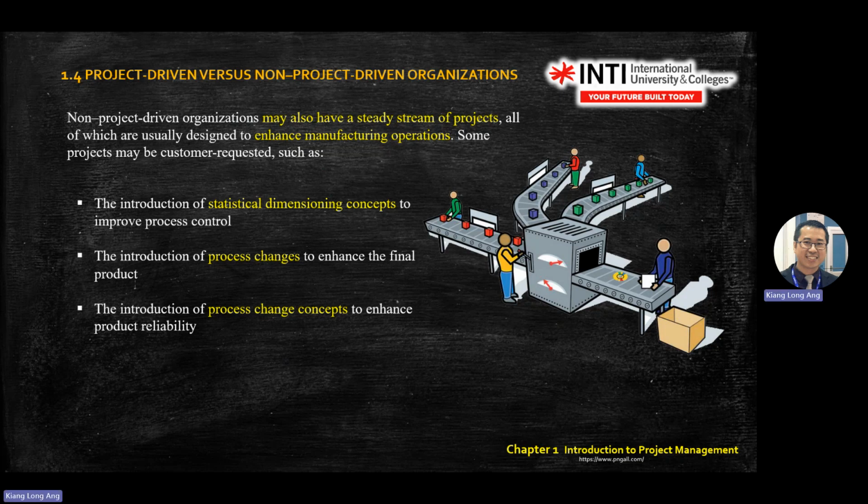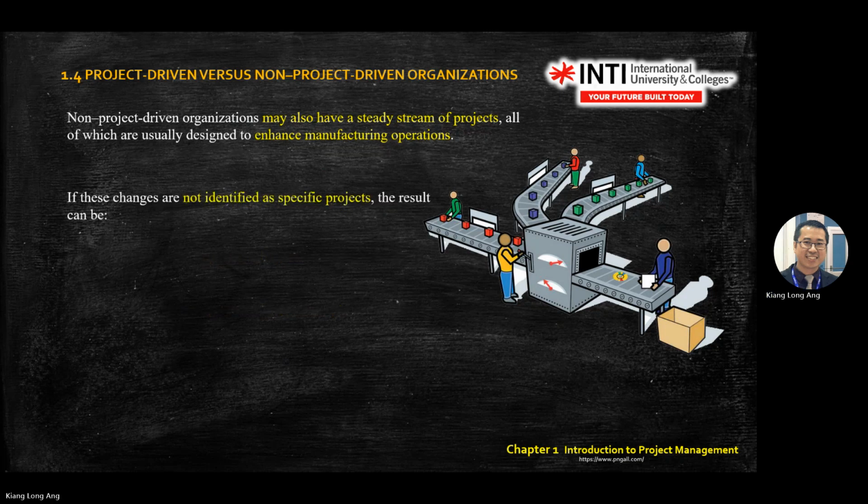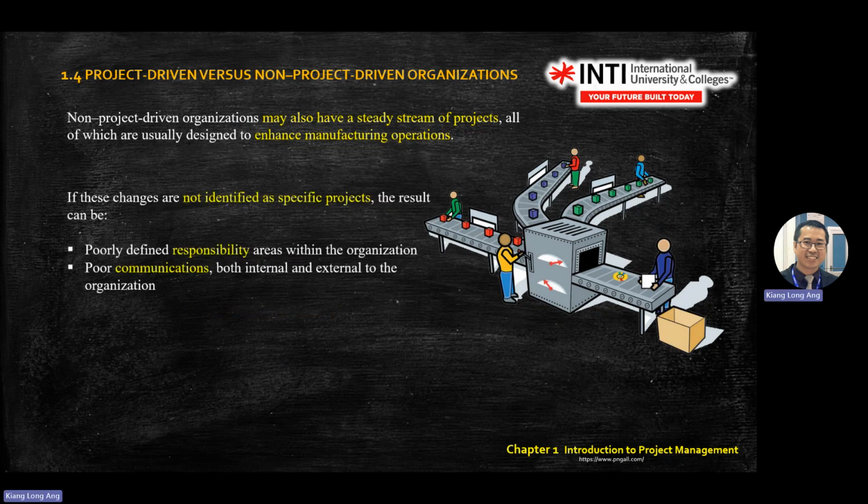But they are normally manufacturing operations, and some projects may be customer requests, meaning custom made. Then you have all this introduction of project change concept, statistical dimensioning concept, and so on. The rest you read now.